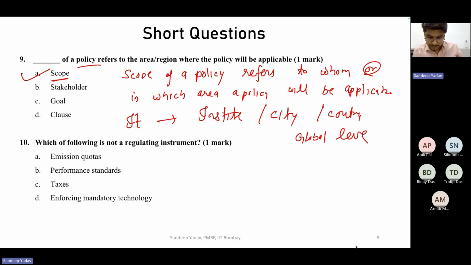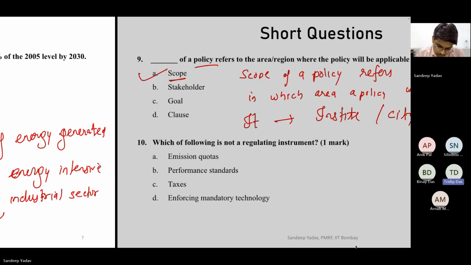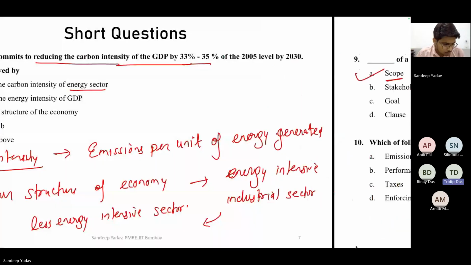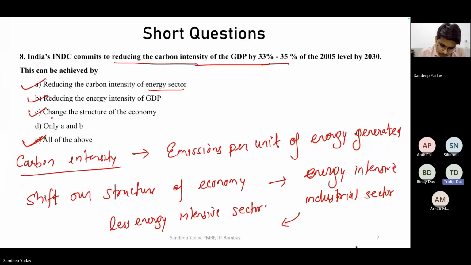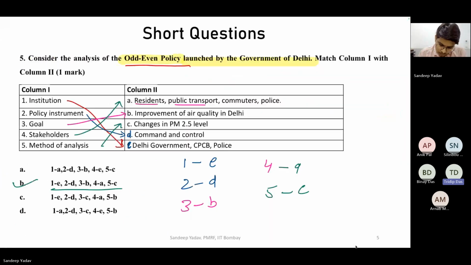Which of the following is not a regulating instrument? We solved this type of question initially. So, taxes. Correct, taxes are the correct option. Can you explain why? Taxes are financial, like LPG subsidy, where we give some monetary benefits in terms of subsidies or tax.